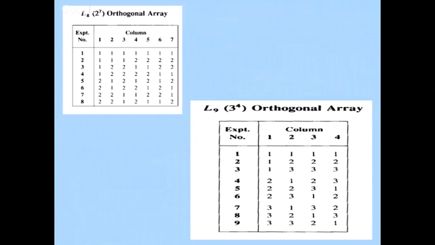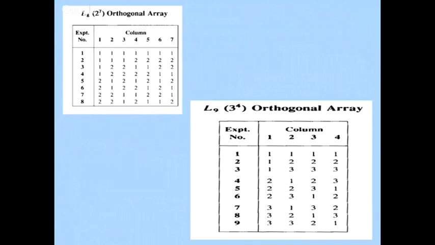It contains only 9. Please concentrate on this, it is very important. Once I find my optimum combination of parameters, that particular combination may exist here as one of the rows, or it may not. If it exists here, I have already conducted the experiment on those values. But if I have not, I need to conduct an experiment on those values which I have obtained as a result of my Taguchi analysis.